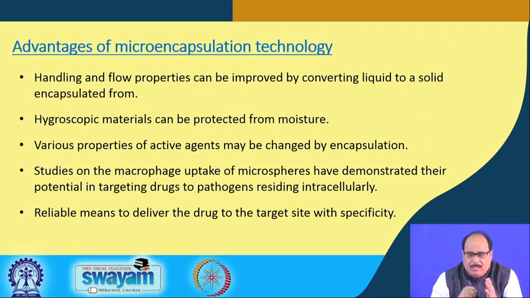The conversion of bioactives from liquid form to solid form improves their storability and their usability. Even hygroscopic materials can be protected from moisture after being encapsulated. Various properties of active agents may be changed by microencapsulation.